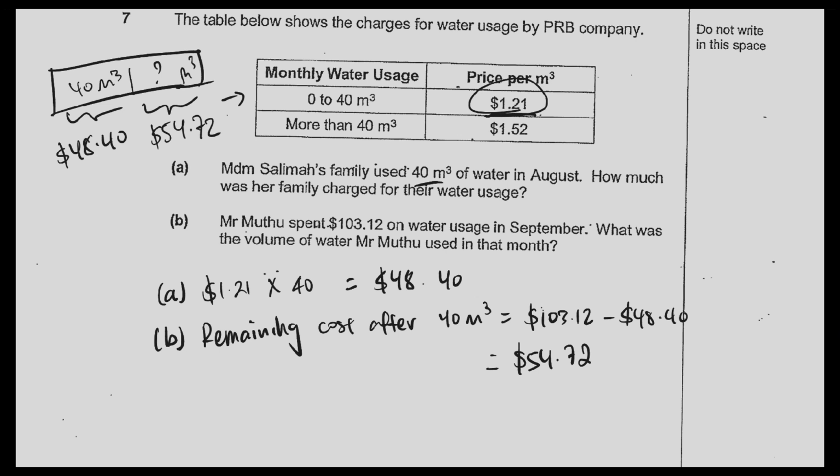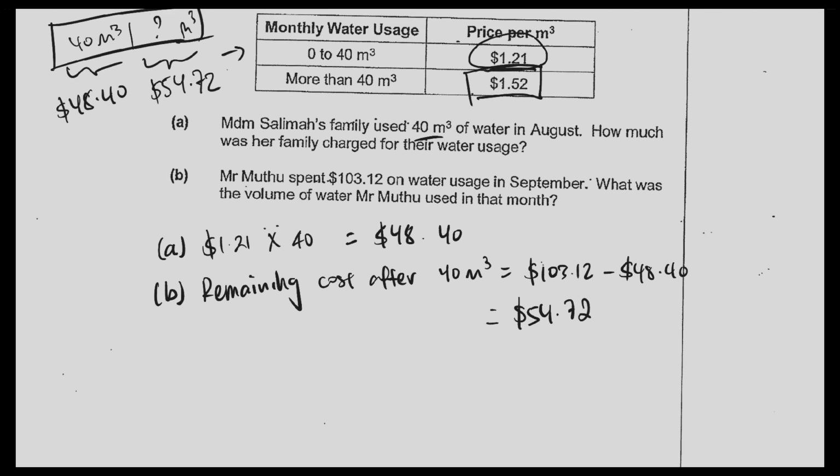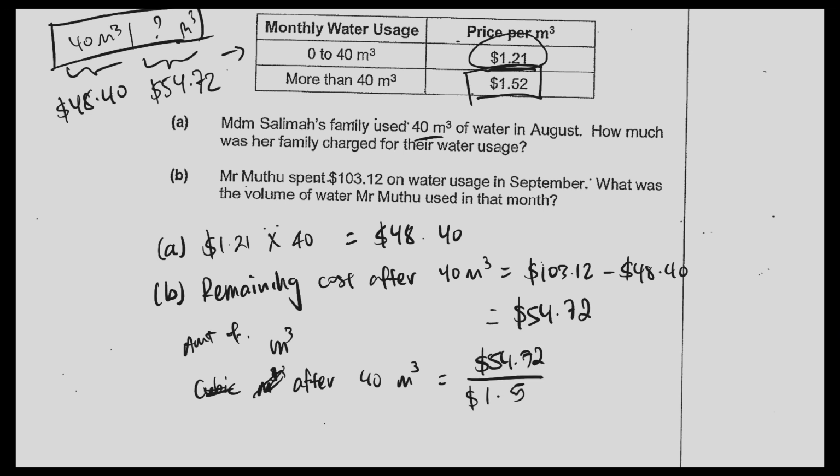But the mystery is how many cubic meters is this, which we can also find out because they do give us a value of $1.52 per cubic meter, for cubic meters after 40. So we have to find out this value, which is just 54.72 over 1.52.